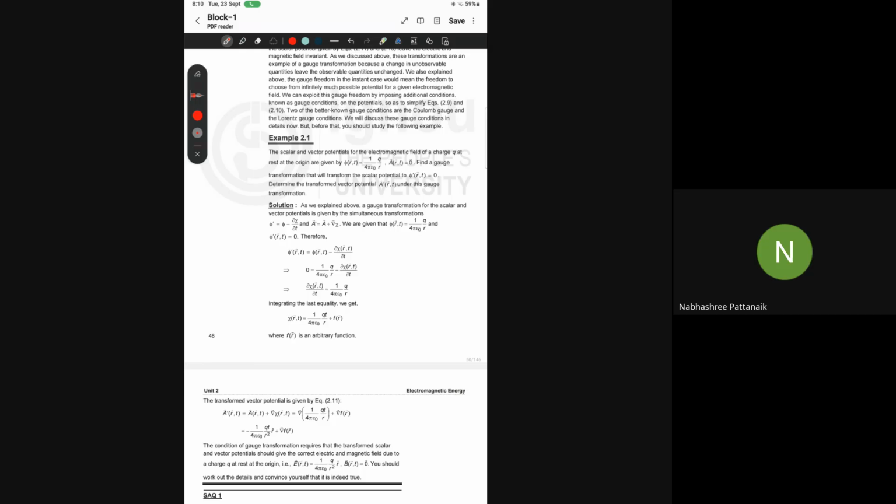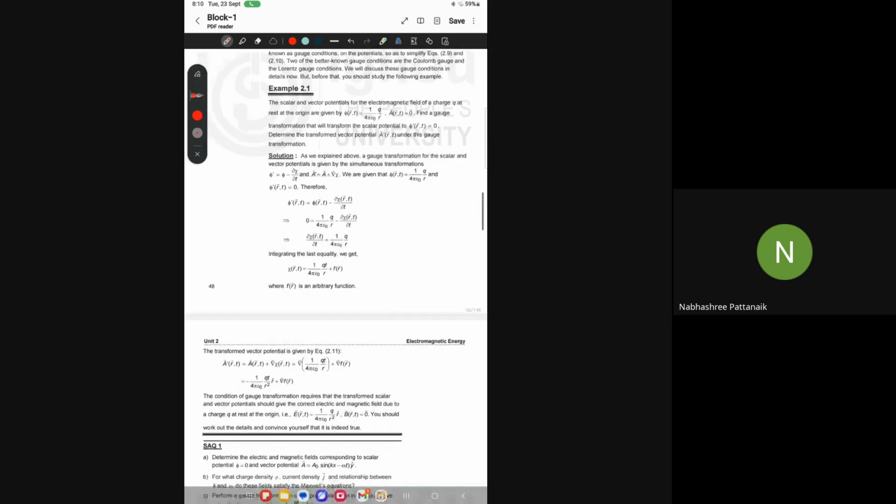Have you understood example 2.1? All of you be able to understand or not?